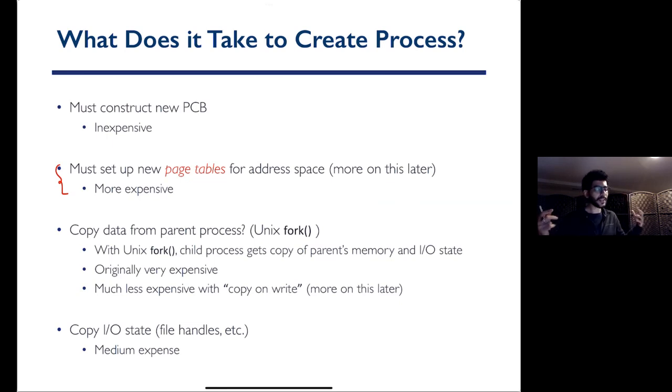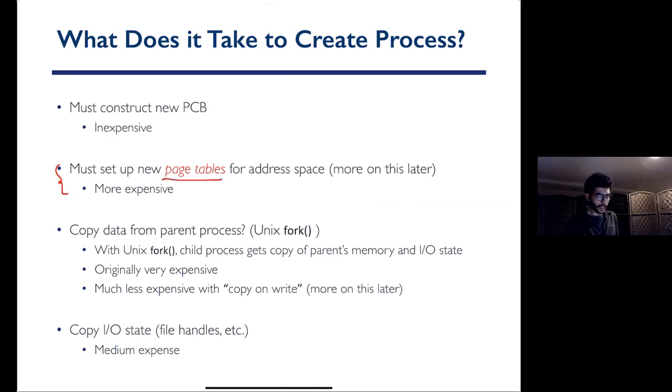So the operating system knows the physical memory that is allocated to this process. It has to say how to translate or how to map from the virtual address space to the physical address space. And we do this in page tables.